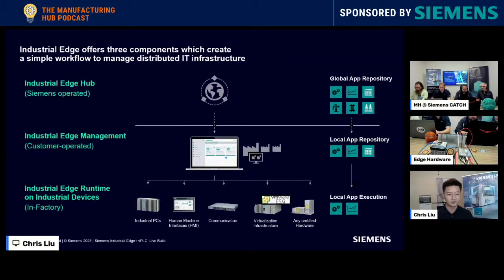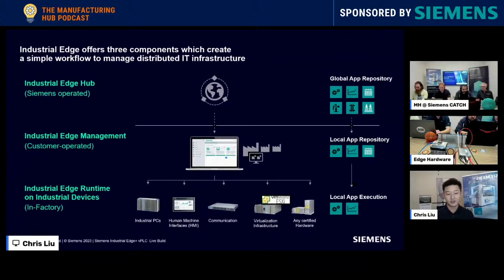Industrial Edge Hub. So Industrial Edge Hub is actually placed at the cloud level, and it is the central starting point. From Industrial Edge Hub, you can download the Industrial Edge Management OS operating system to enable the IEM on-prem or in cloud, all necessary software to run your Industrial Edge management system.